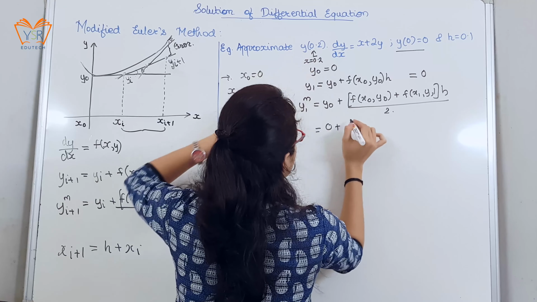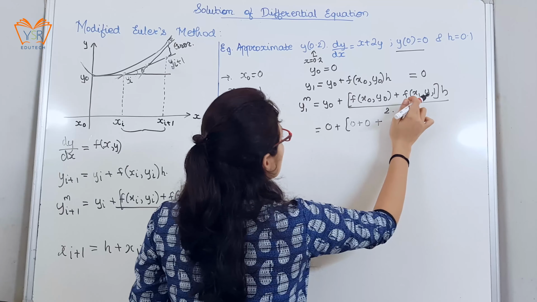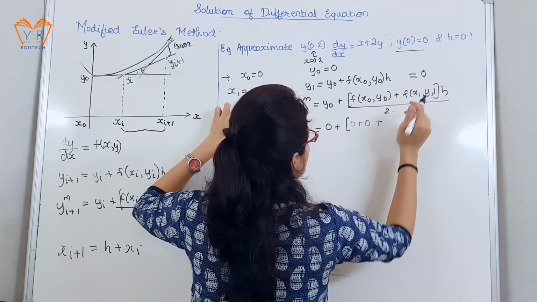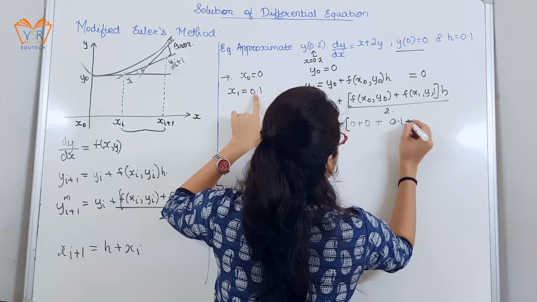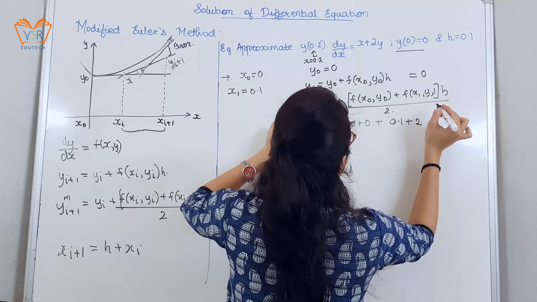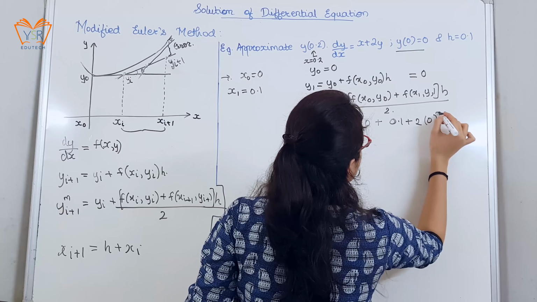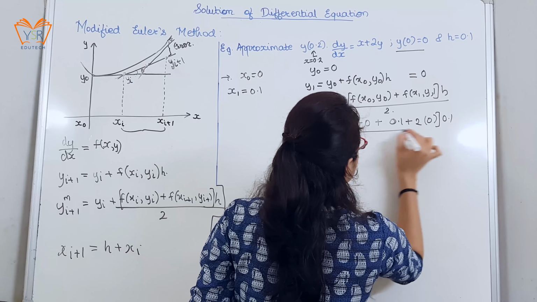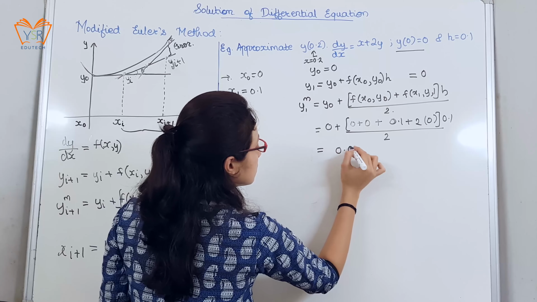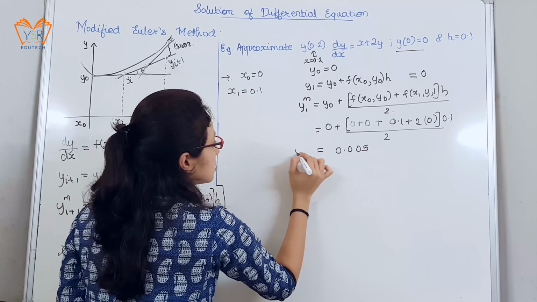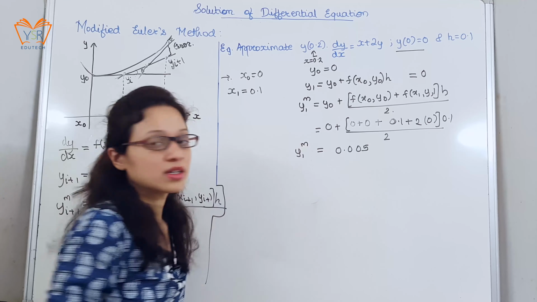X naught is 0 plus 2 into 0 gives 0, plus, now the values x1 and y1. x1 is 0.1 plus 2 into 0, into step size 0.1 divided by 2. If you solve this, the value will be 0.005. So this is y1 modified.